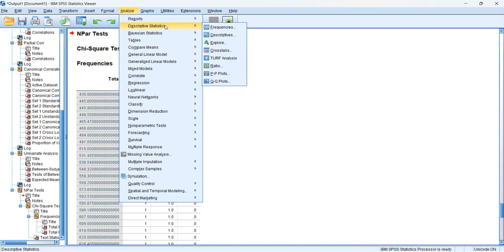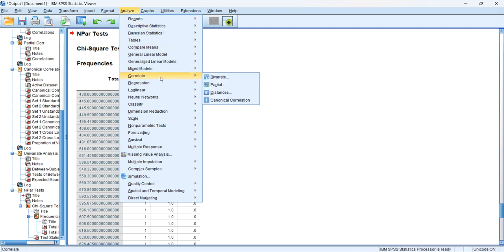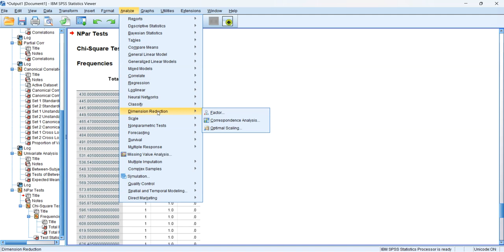In descriptive statistics you can check your hypothesis and do the correlation. That is the basic thing for every research paper, dissertation or thesis, you require all those things. Even in the factor analysis we will go for the factor analysis, correspondence analysis, optimal scaling, and all.